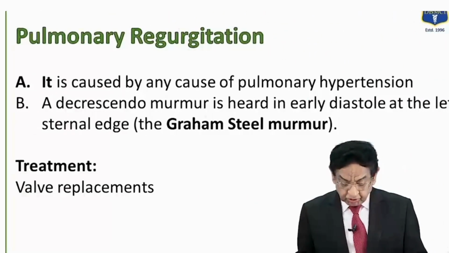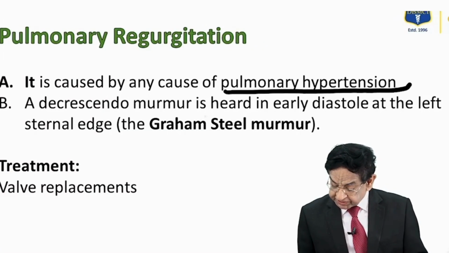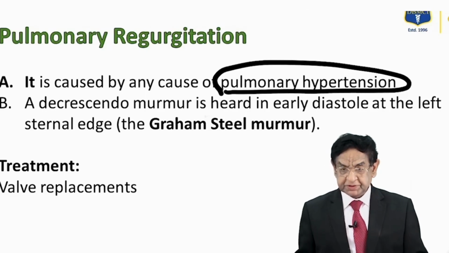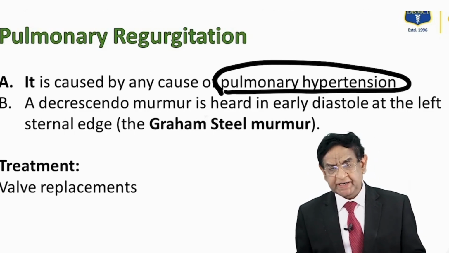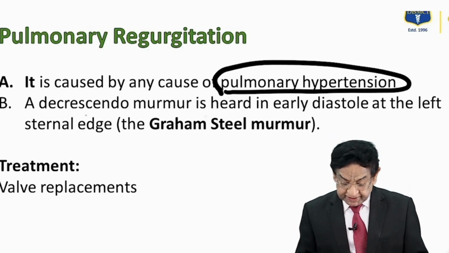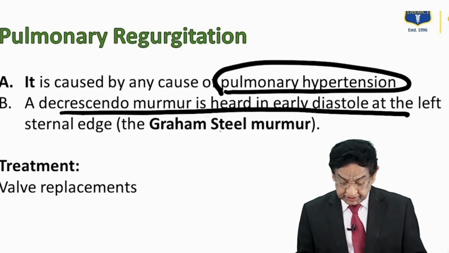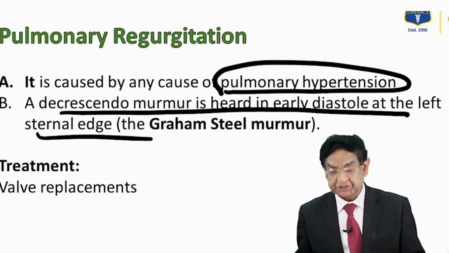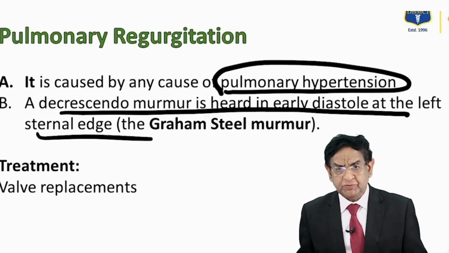So now what are the causes? Any cause which can lead to pulmonary hypertension. There are n number of causes of pulmonary arterial hypertension. So they all can lead to regurgitation. And what do we get? We get a decrescendo murmur heard in early diastole, at the left sternal edge. Point to be remembered, even in AR also we got an early decrescendo murmur.